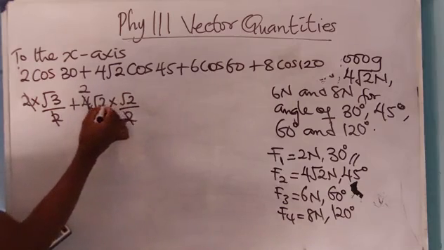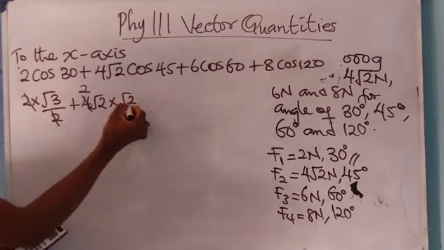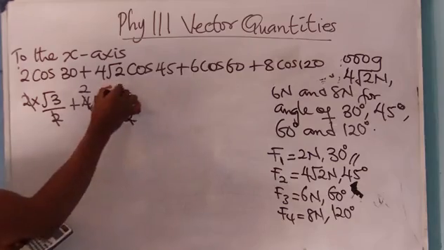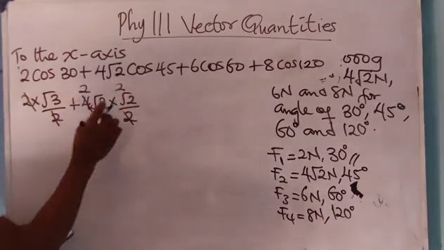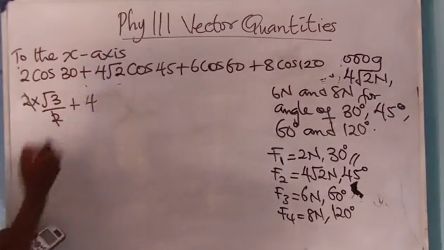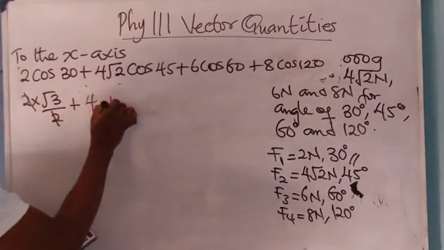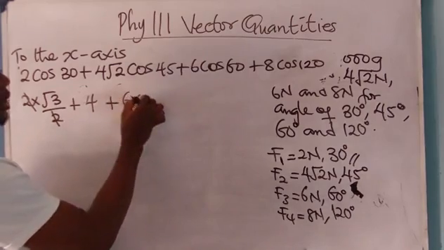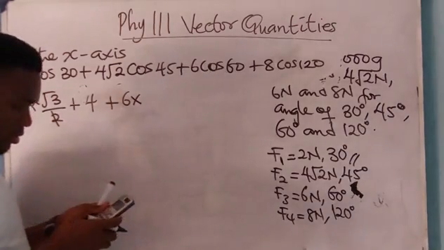Root 2 times root 2 is root 4, but the square root of 4 is 2. So 2 into 2, you have 2, and 2 times 2, I have 4. So this place will now be 4. Are you following?